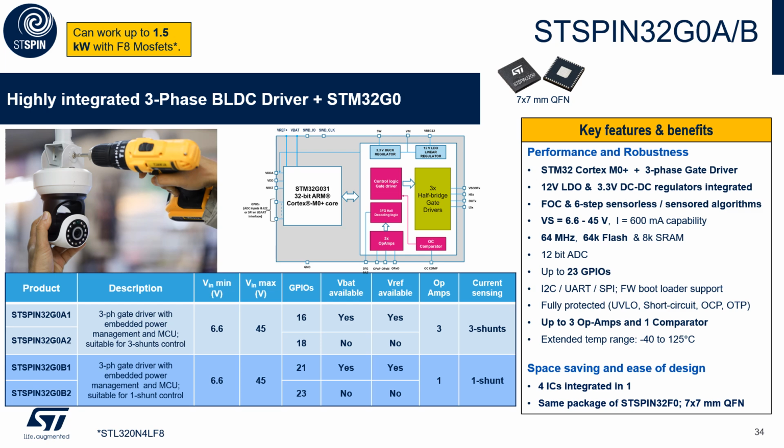Due to these different options, the number of free GPIOs can be between 16 and 23. The G0 also offers more performance in terms of computing power, up to 64 MHz, and it has double the size of flash and RAM, and a more performant ADC with more channels compared to the F0 series.